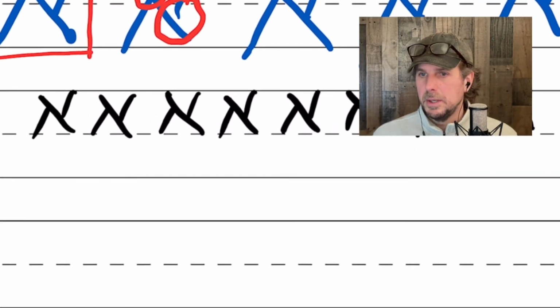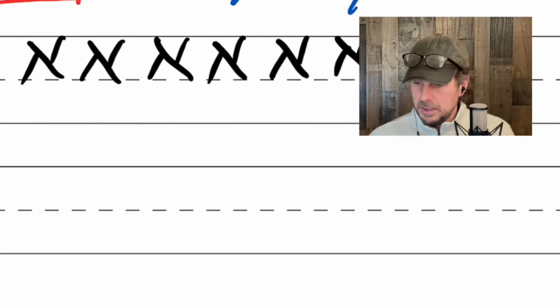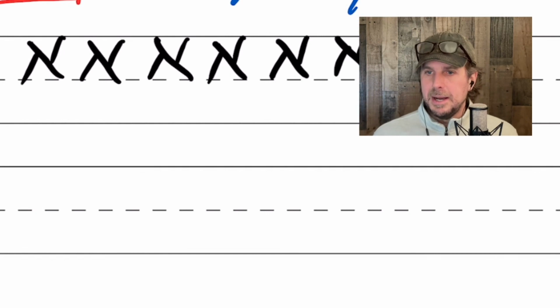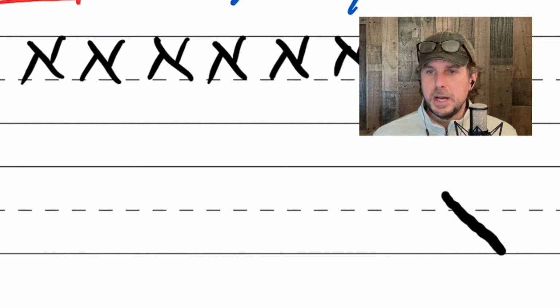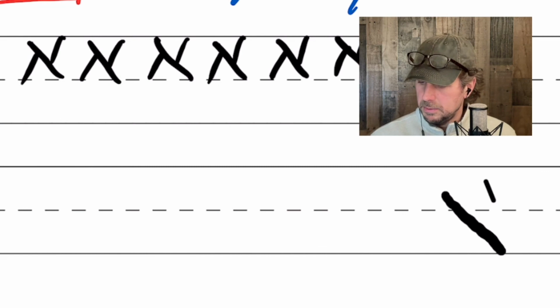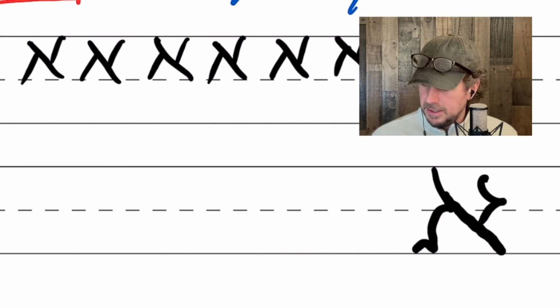How they're making the Alef is a little more sophisticated. It's as if they do a line that's not all the way, and then a squiggle, and then a kind of squiggle like that, and then a final like that. So it's pretty fancy.